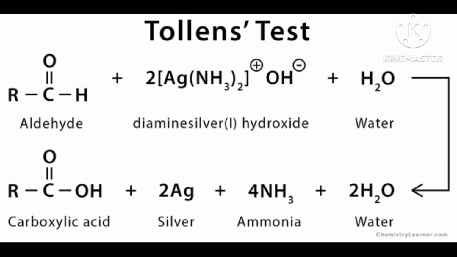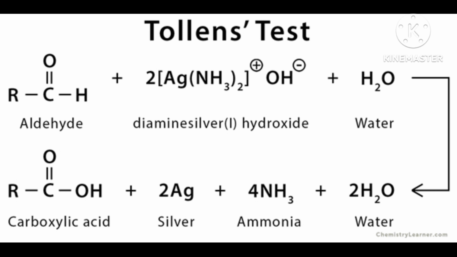Now that oxygen is having 1 electron. Of the 2 hydrogens that were there, 1 hydrogen will come with 1 electron and make a bond with this oxygen.